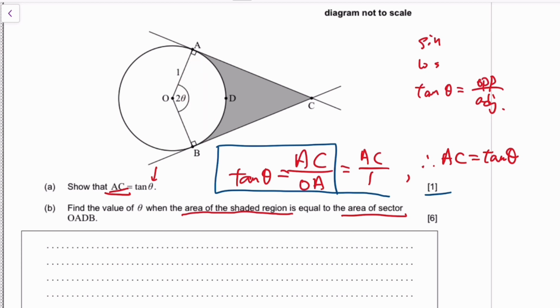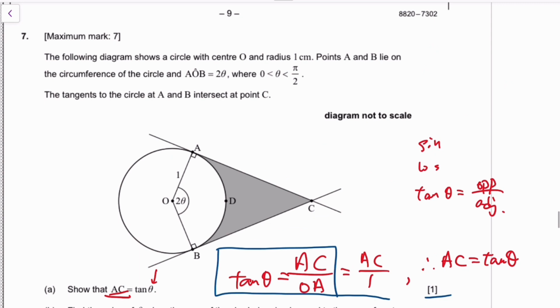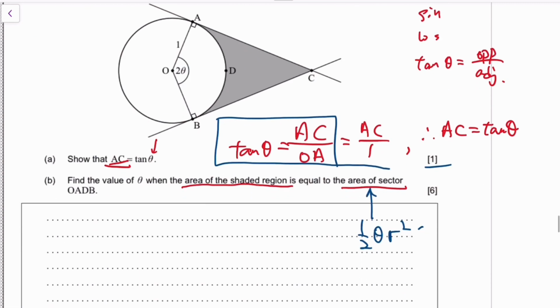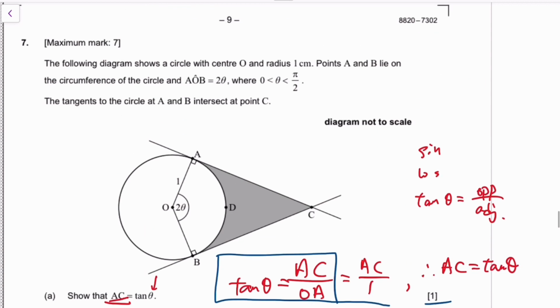Now, if you know the formula for finding the area of a sector, that is not too hard. If you look in the formula booklet, the formula is half r squared theta. And now this formula only works when the angle is in radians, which according to the question it is because of this.